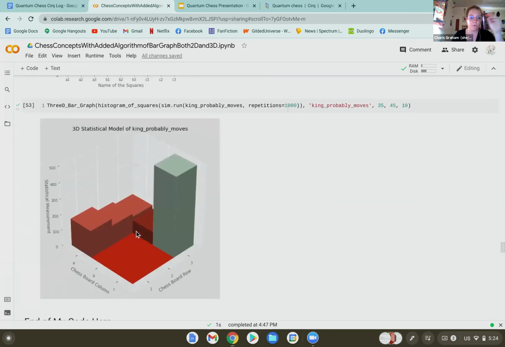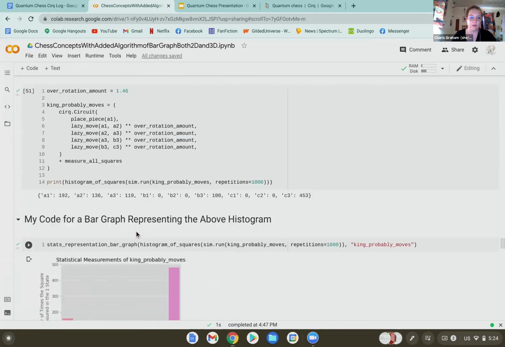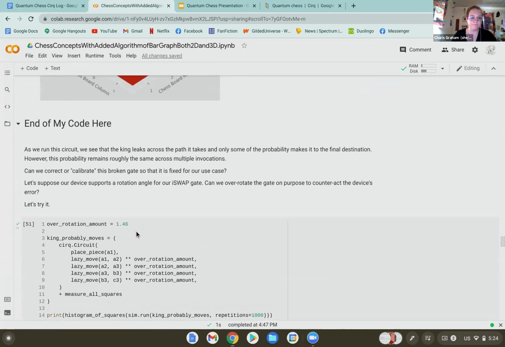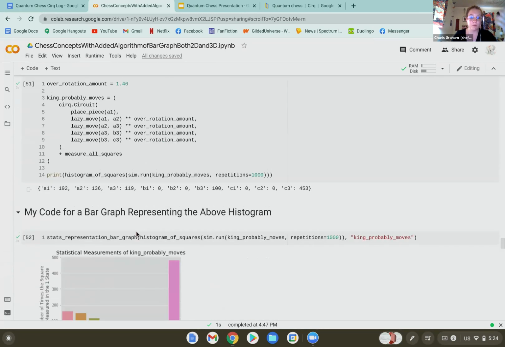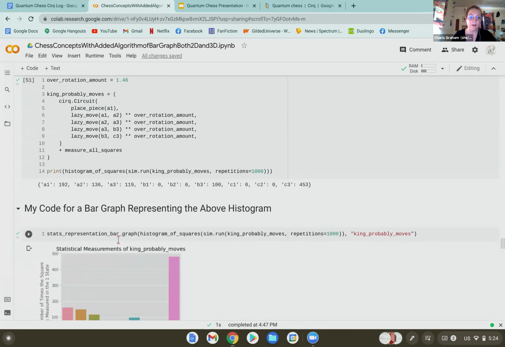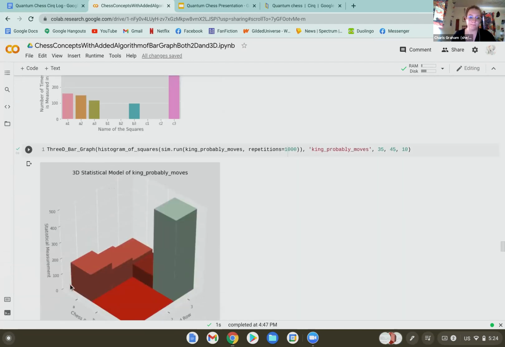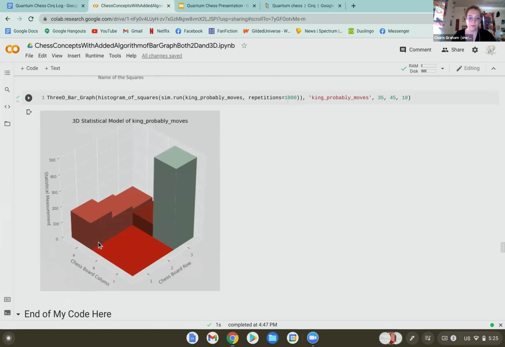And I think one thing to end on is a really simple series of moves here where you have a king that is just moving across the board from A1 to A2 to A3 to B2, B3, and then C3.